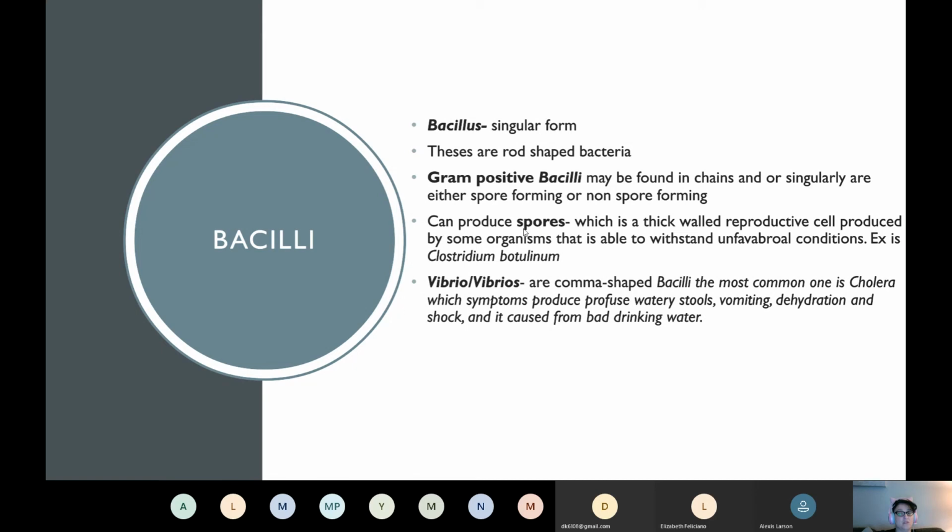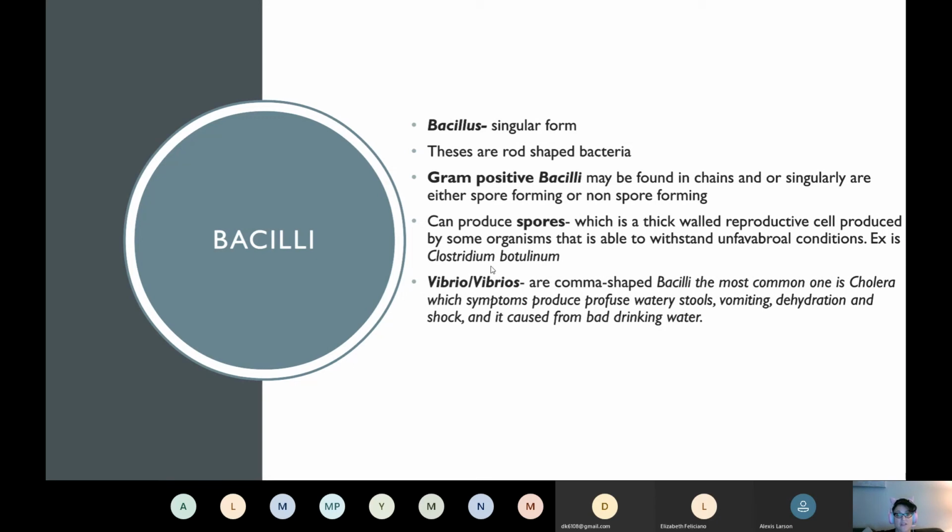These spores make things darn near impossible to kill the bacilli. And we know that one of the few ways that we can is either by extreme heat and pressure. Okay.